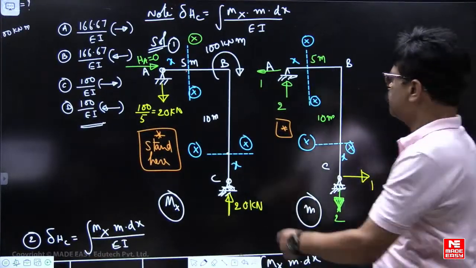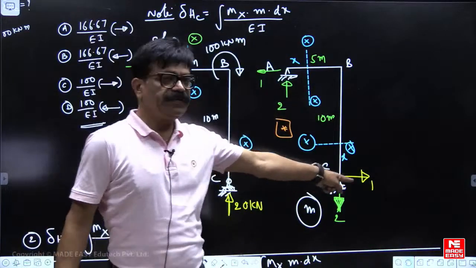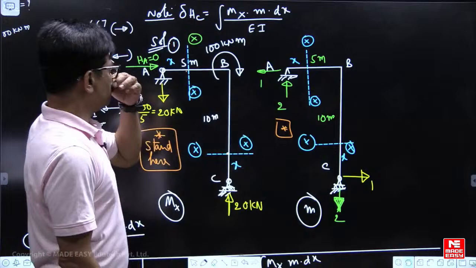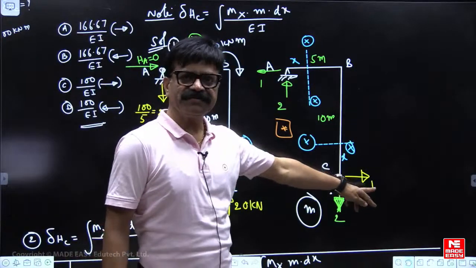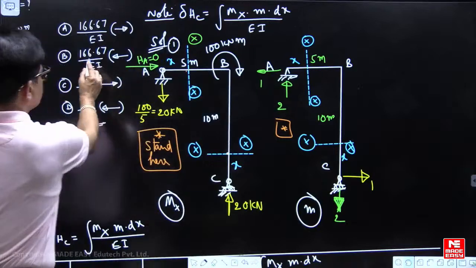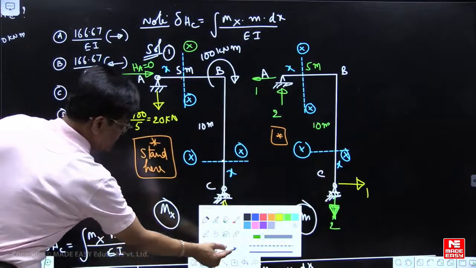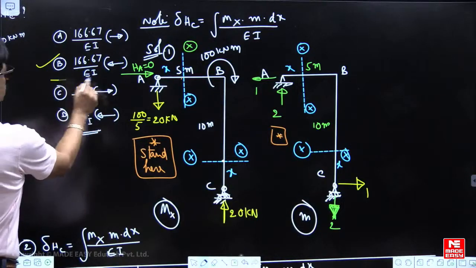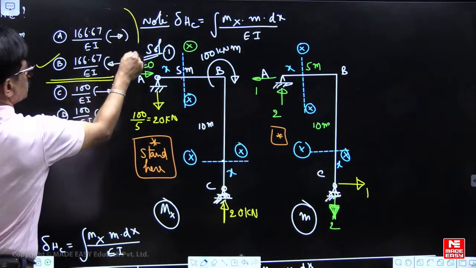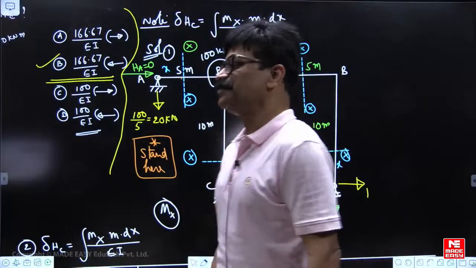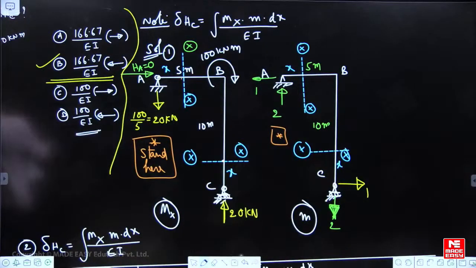See here, you thought the unit load direction is right side, but result came out to be negative. That means our assumed direction for unit load is wrong. Oh, no issue, leftward it acts. So 166.67 by EI leftwards. Since both they have given, this is your answer. Like that. So most of you have already finished. Good.